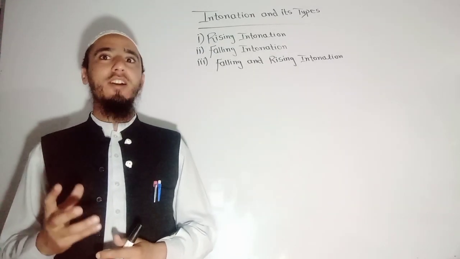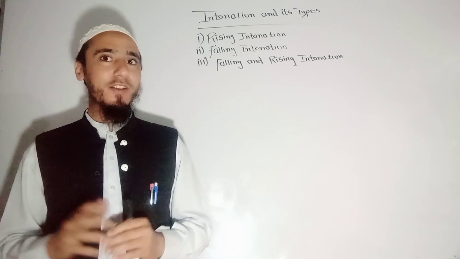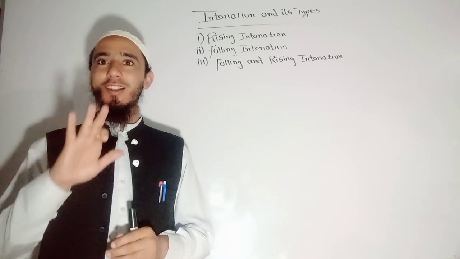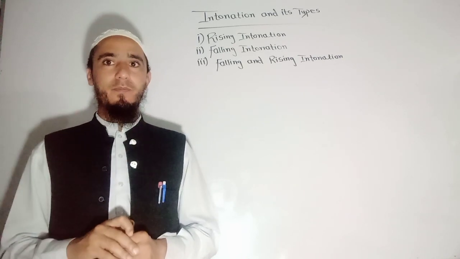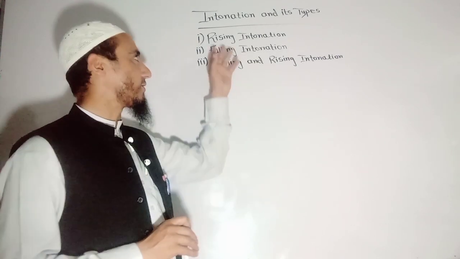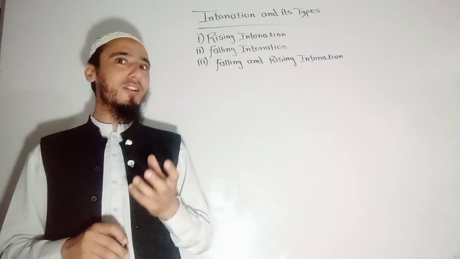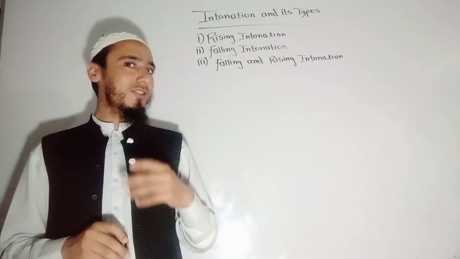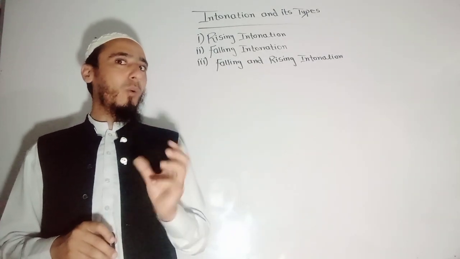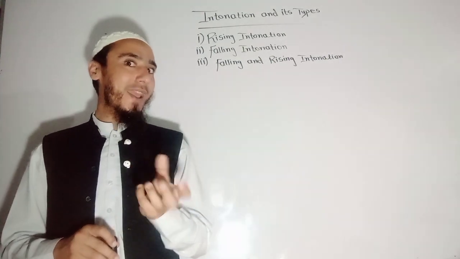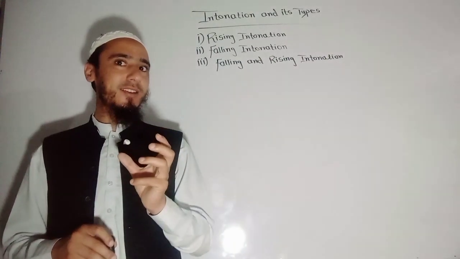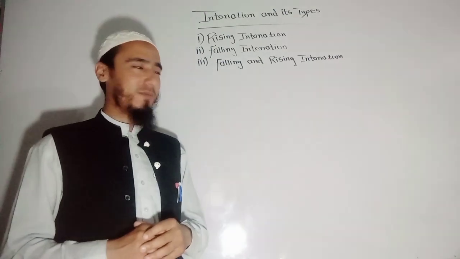And whenever we are talking about the types of intonation, there are three types. The first type is known as rising intonation. Rising intonation is the type of intonation when our voice rises.